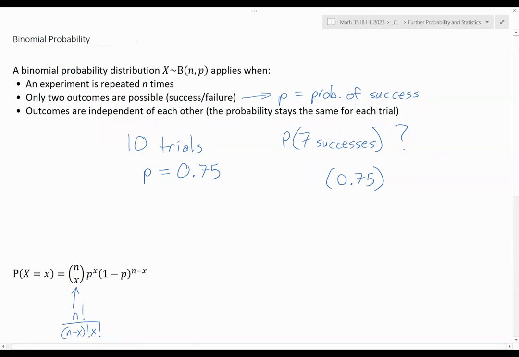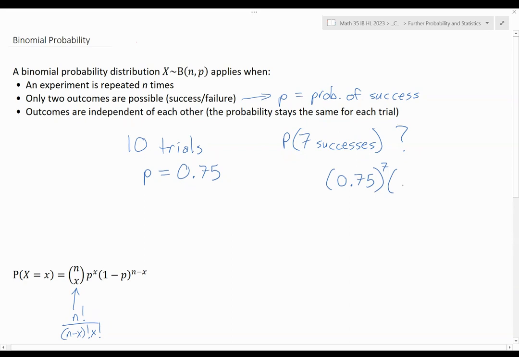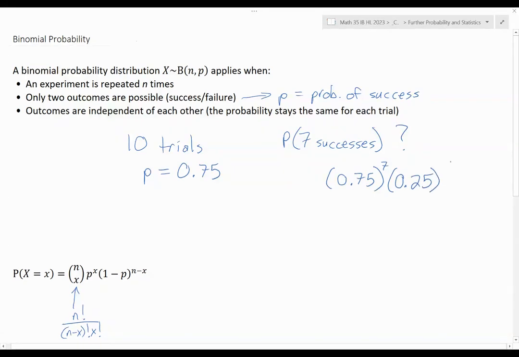So the probability of a success multiplied by the probability of another success, etc., 7 times. But if I have 7 successes, I also have 3 failures. So 1 minus p would be the probability of failure, and that has to happen 3 times.